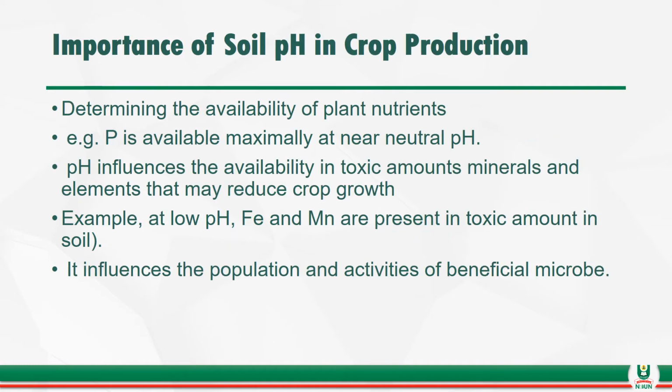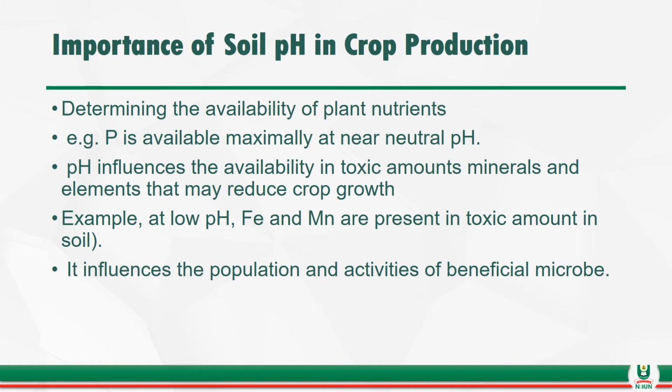Importance of soil pH in crop production. It determines the availability of plant nutrients, e.g., phosphorus is available maximally at near neutral pH. pH influences the availability of toxic amounts of minerals and elements that may reduce crop yield. For example, at low pH, iron and manganese are present in toxic amounts in the soil.